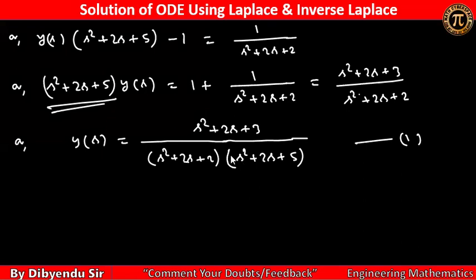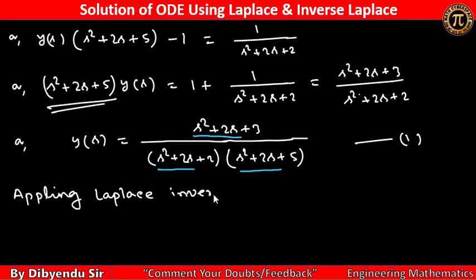Now here you can see that each term is containing s squared plus 2s. Yes or no? So I can write this in the form of (s plus 1) whole squared. Let me write, applying Laplace inverse to both sides.